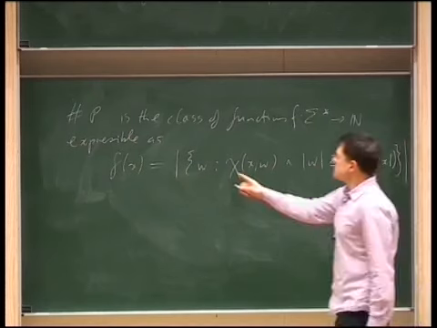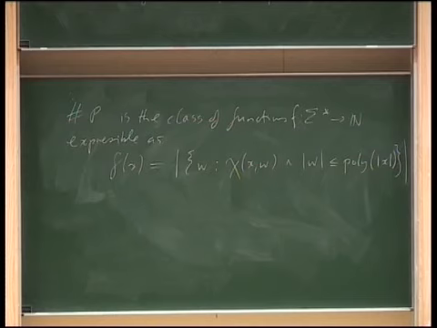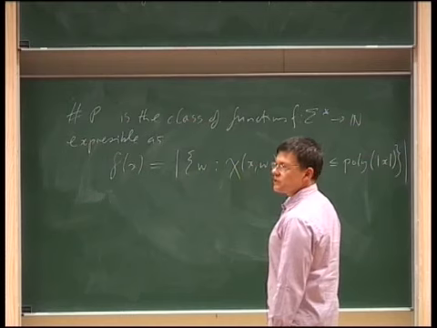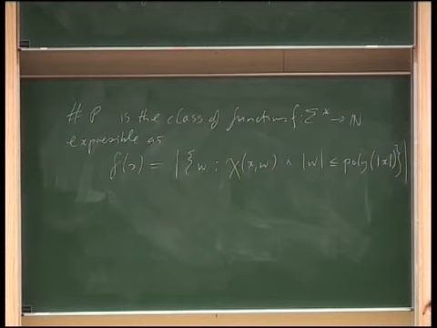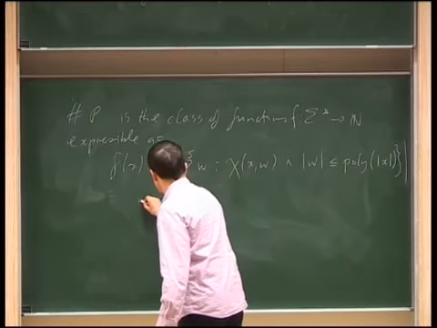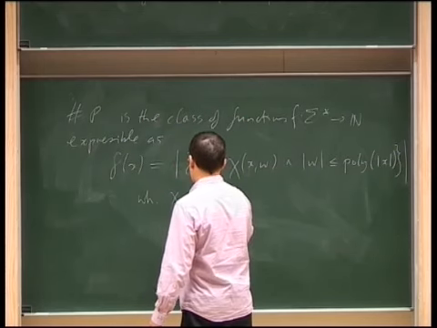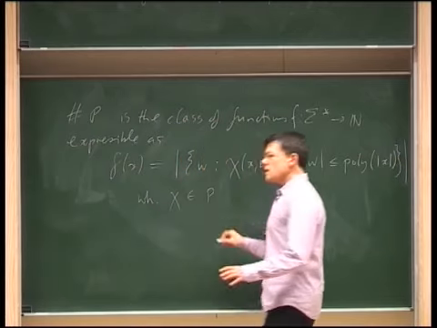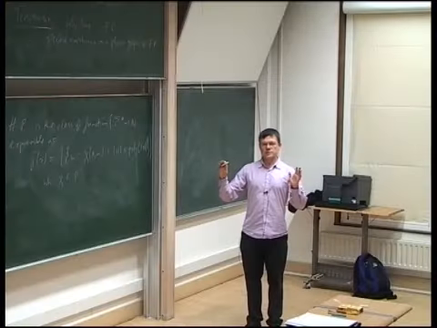Some say sharp P, number P. It's not uniform. Isn't there a sharp NP? There is a sharp NP. Let me finish this first. Here chi is in P, so you're counting witnesses where the witnesses are easily checkable.